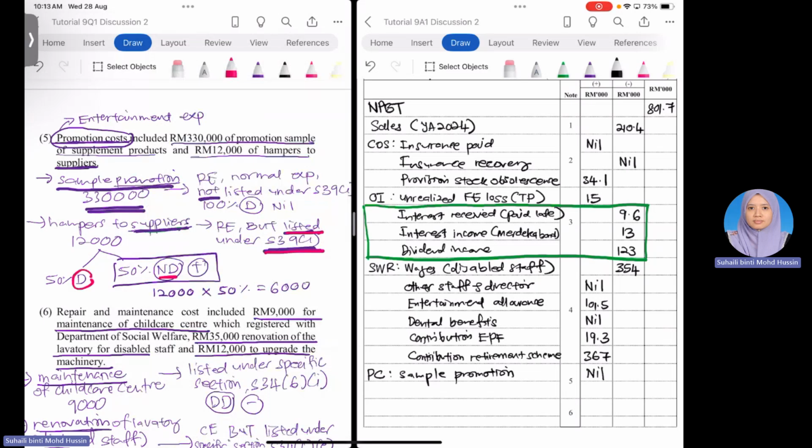Another 50% is not allowed for deduction, so we have to add back 50% of the amount that you already deducted in SOCI. In SOCI, you deduct 12,000 ringgit. In the taxation, since it's listed under prohibited deduction section 39 subsection 1, only 50% of this amount is allowed for deduction. Another 50% is not allowed, so we have to add back 6,000 ringgit. So 6,000 ringgit will be added back.